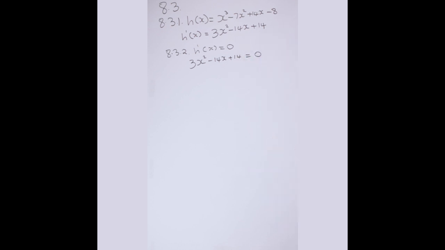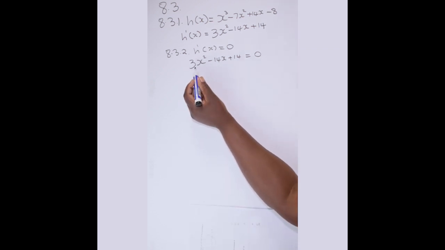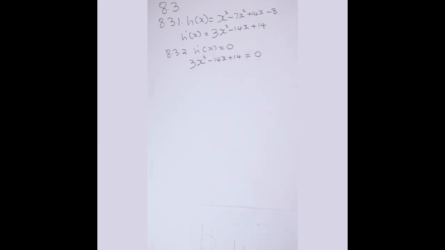Now we need to look at it and see how we are going to factorize it. Remember, at the end of the day, we have to get the 14 as the last number and the other one in between. So 14 can be done in two ways: either by 7 and 2, or by 14 and 1.